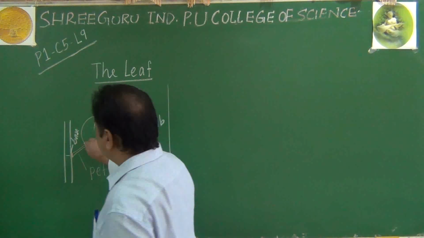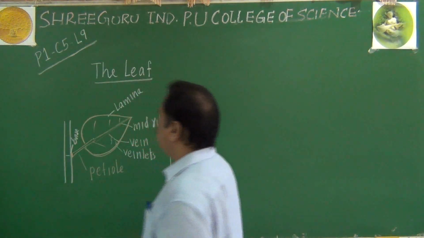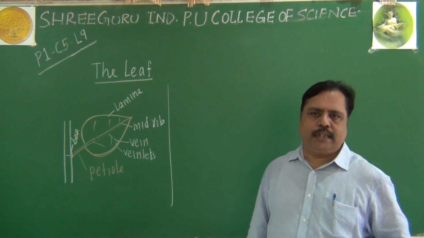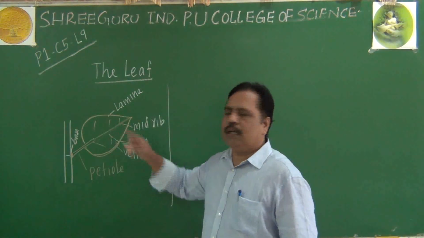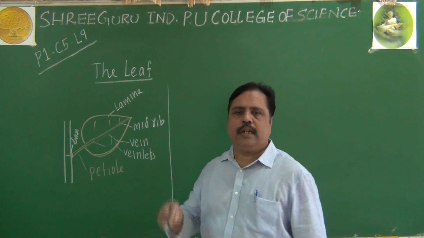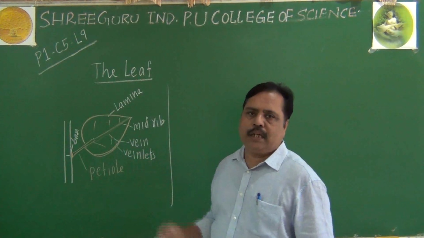In the previous lecture, I told you about venation also. The arrangement of veins and veinlets in the lamina of the leaf is called venation. That venation can be of two types, reticulate venation and parallel venation.